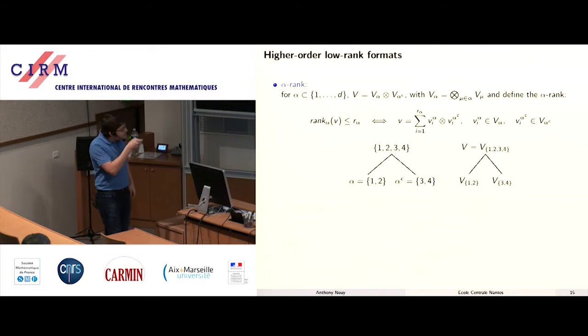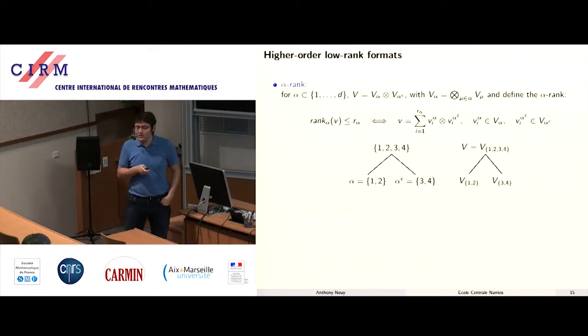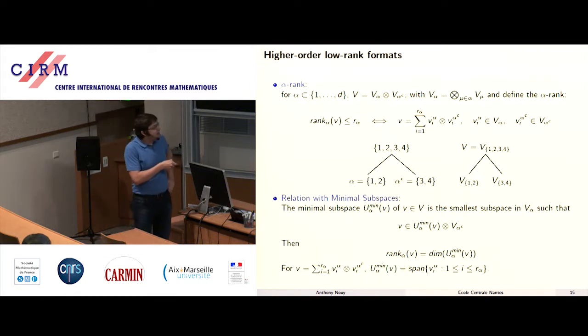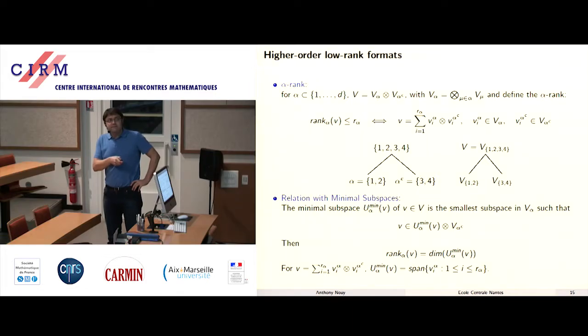And here I start with my subspace point of view, and in fact there is a connection, a relation between this and the notion of what we call the minimal subspaces. The minimal subspace associated to a subset of dimensions alpha for an element V is the smallest subspace in the space V alpha such that the element can be written in the tensor product of this space, called the minimal subspace, tensor product with this.